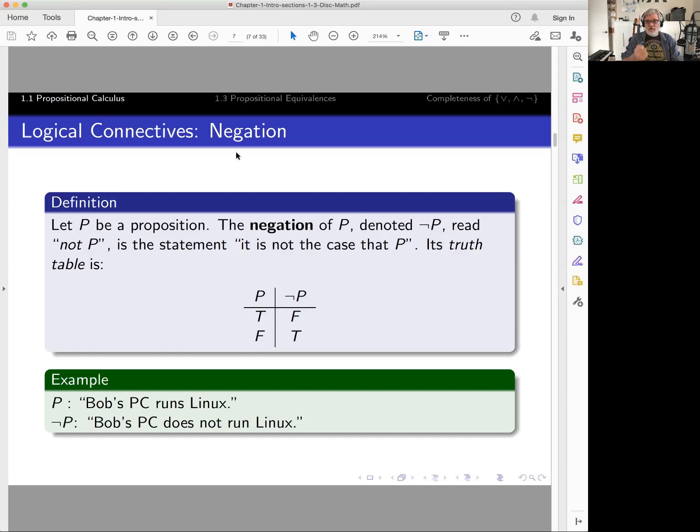And I'm going to tell you what the truth value of not P is in terms of those. As you could very well guess, the negation just flips the truth value. So if P was true, then not P is false. And if P was false, then not P is true. And we have an example here in natural language. The statement P is Bob's PC runs Linux. So the negation of P is Bob's PC does not run Linux. I think that's pretty straightforward.